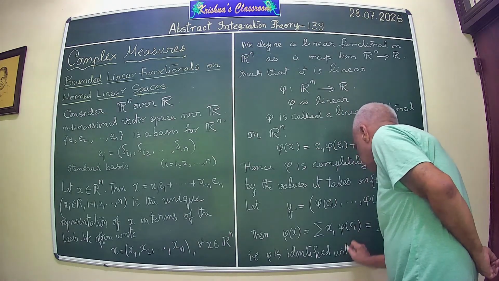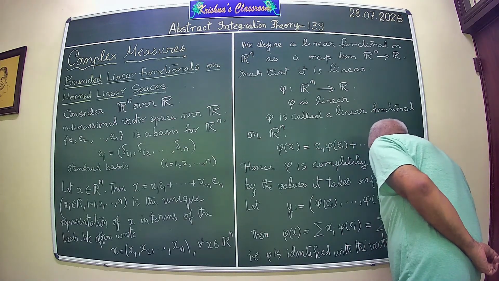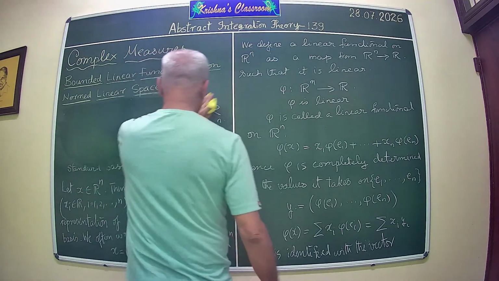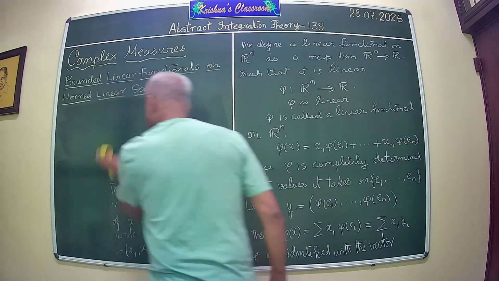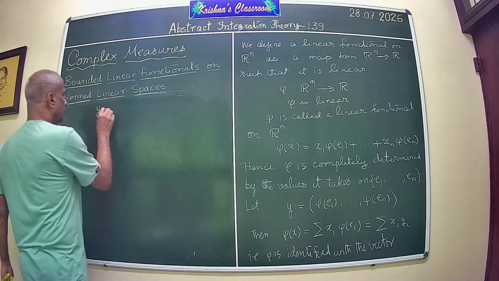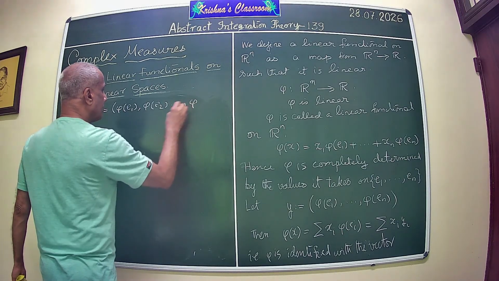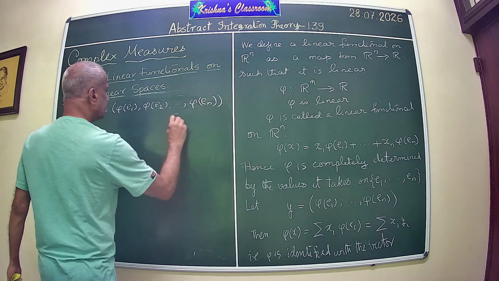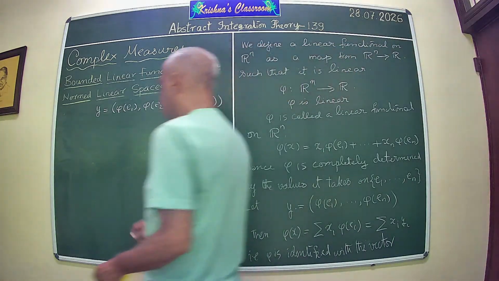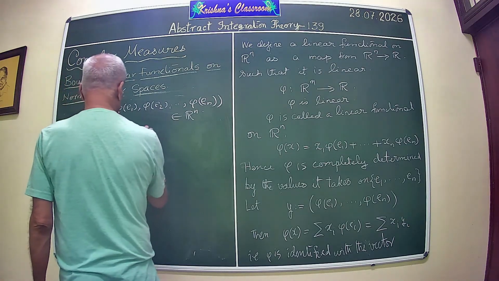That means phi is identified with the vector y equal to (phi e1, ..., phi en), and each phi ei is an element of R. Therefore, we have identified, so corresponding to phi, phi is identified with y.